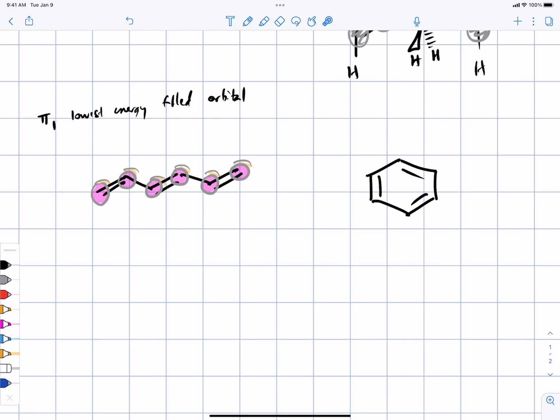Now, constructing an analogous orbital for benzene would simply involve connecting atoms 1 and 6. So we could literally wrap the orbital we generated on the left around the ring on the right, and we would get this one.